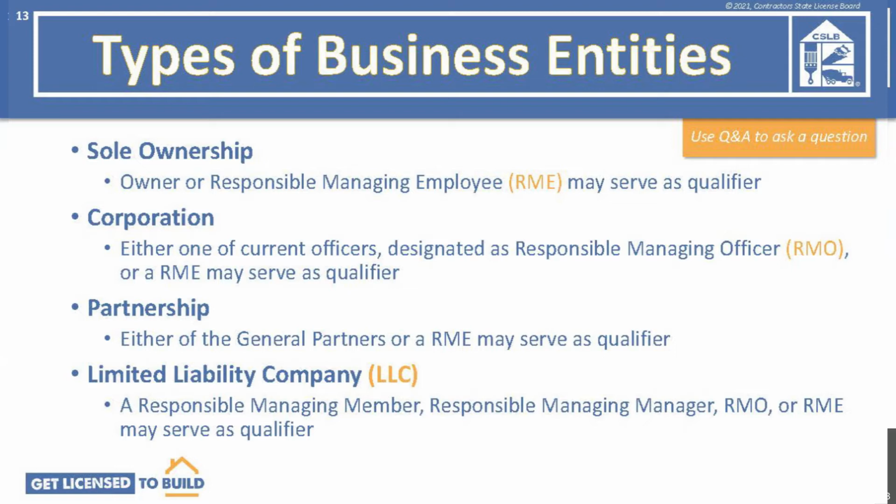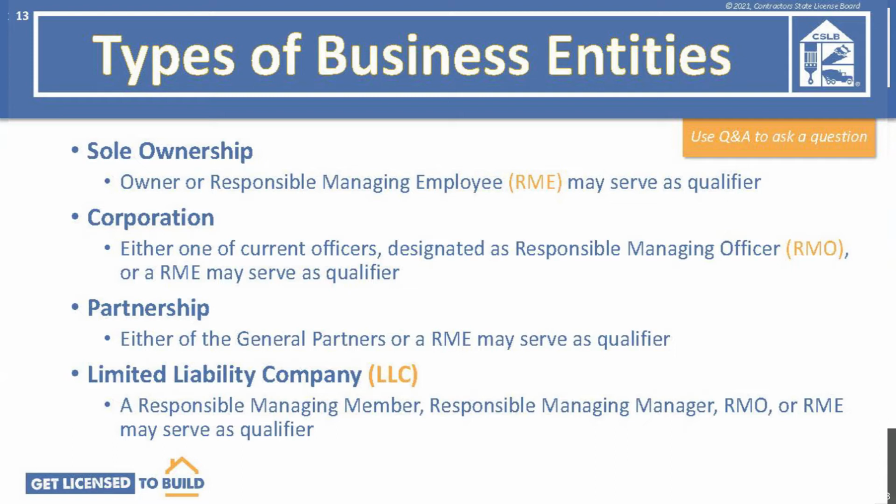Second, a corporation, where either of the current officers designated as the responsible managing officer or the responsible managing employee may serve as qualifier. Just under 1/3 of our licenses are corporations. A distant third is a partnership, where either of the general partners or a responsible managing employee may serve as qualifier.